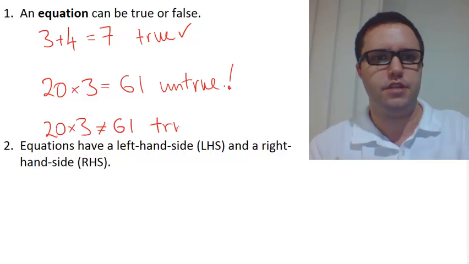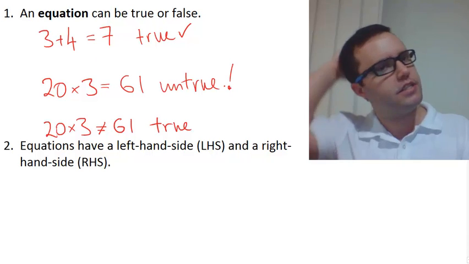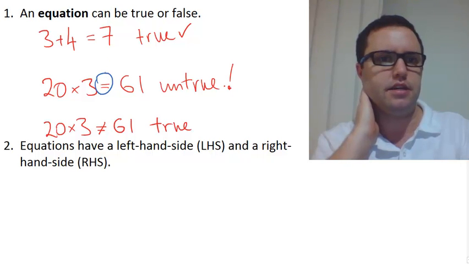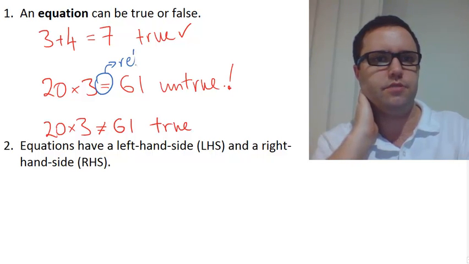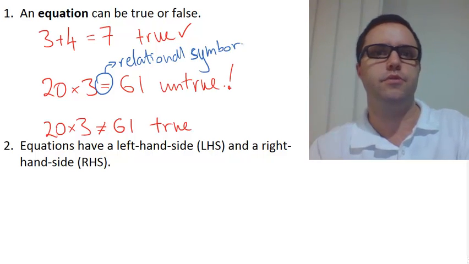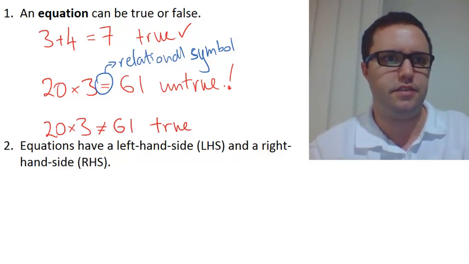That would be a true statement though. So you can make untrue statements true by changing this thing in here, your relational symbol. So this thing here is your relational symbol. And remember that this means that the stuff on here is the same value as the stuff here.